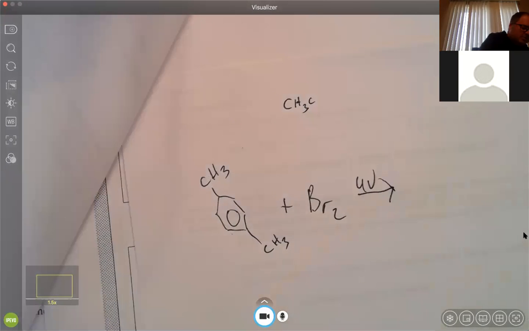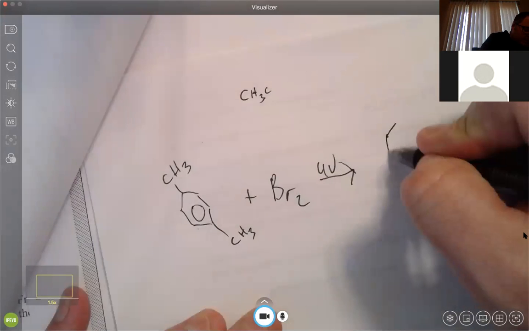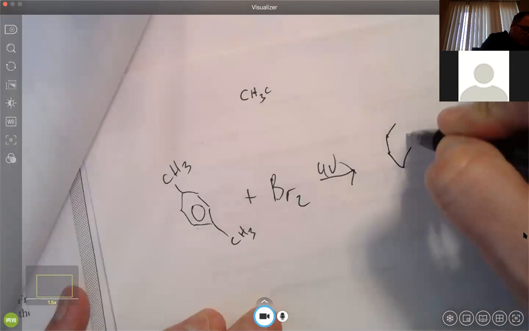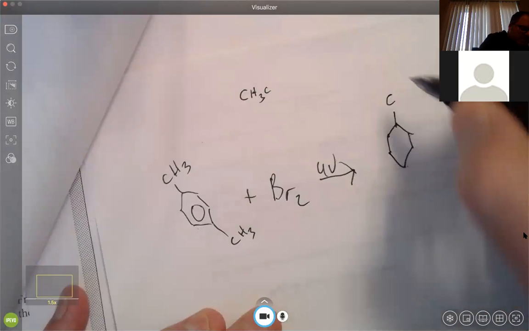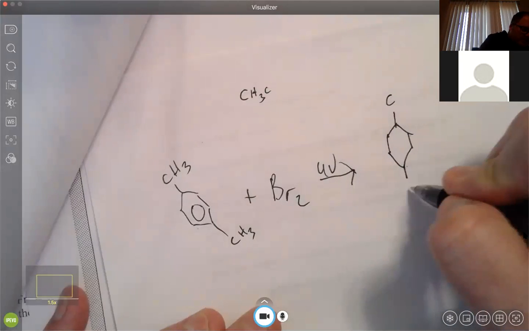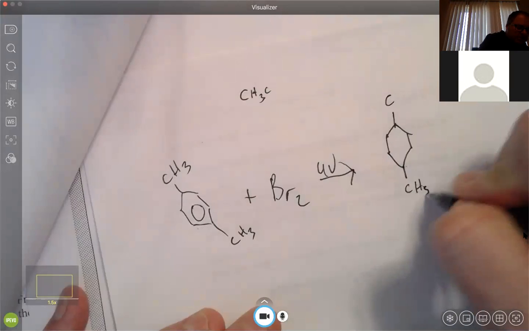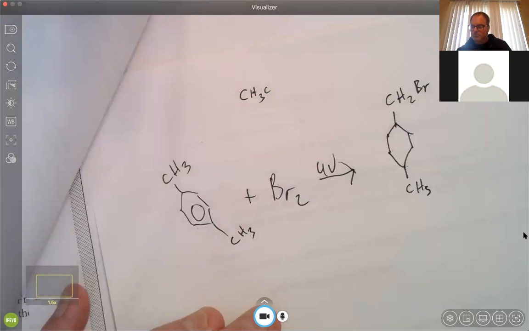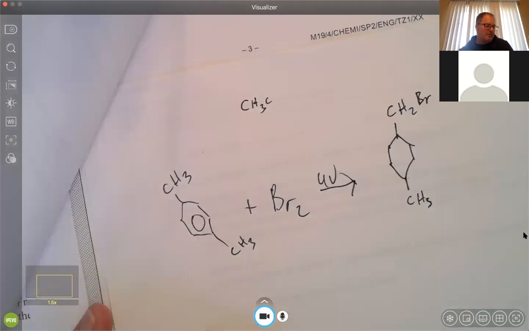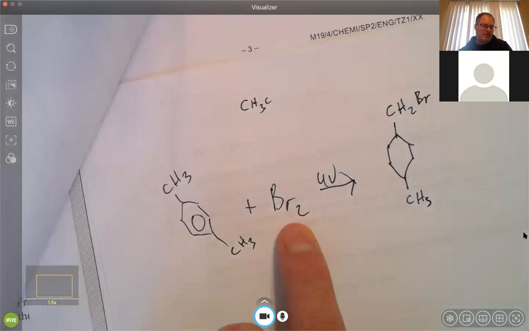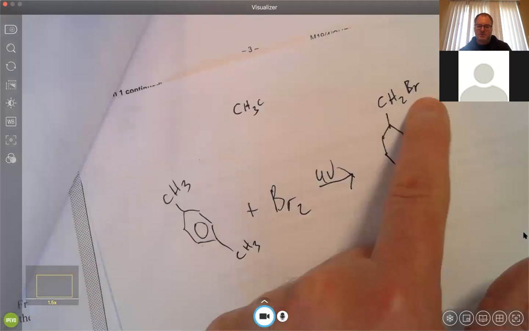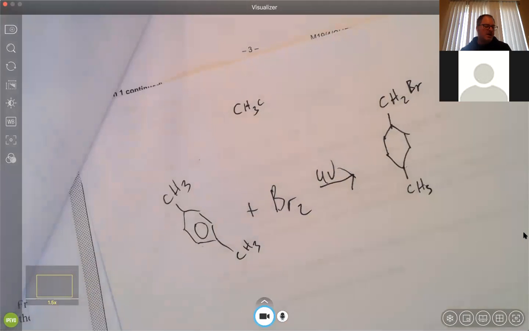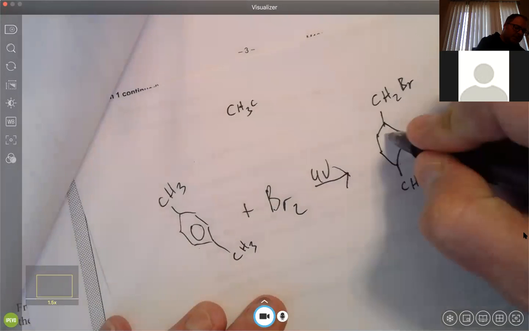Well, we're going to have the same structure basically, but instead of CH3, one of them will be CH2Br. And what are we forgetting? Remember, we have one Br that went here. So to make this a balanced equation, we've lost the hydrogen. Hydrogen bromide? Yeah. So we need the HBr on there.